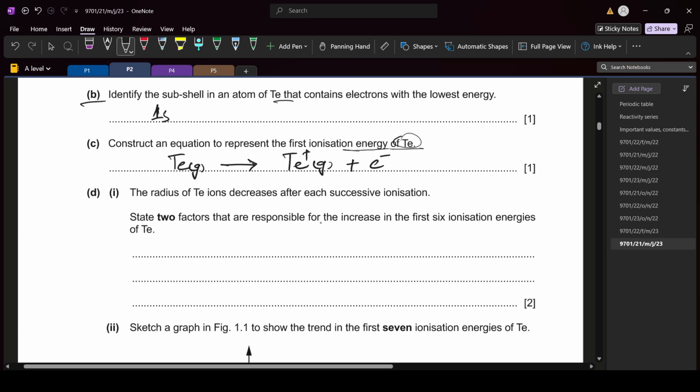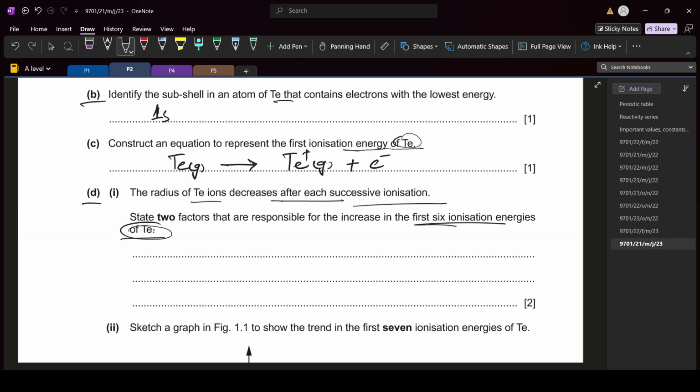Okay. Now part D, the radius of tellurium ions decreases after each successive ionization. There are two factors that are responsible for the increase in the first 6 ionization energies of tellurium. So let's say you have 52 protons and you have 52 electrons.